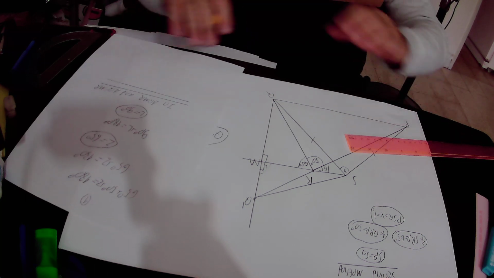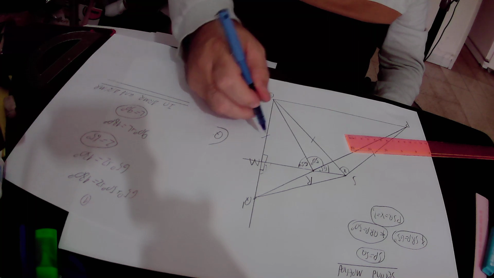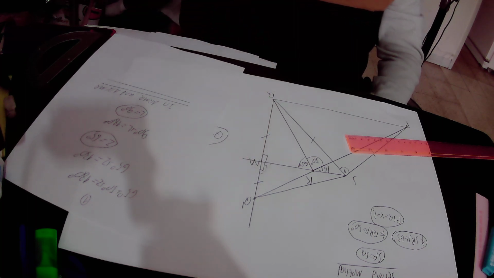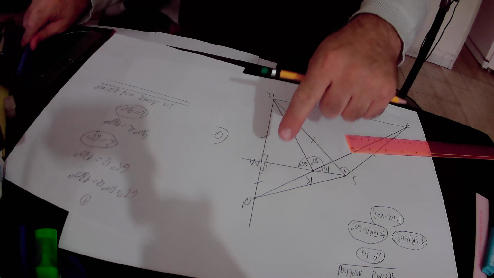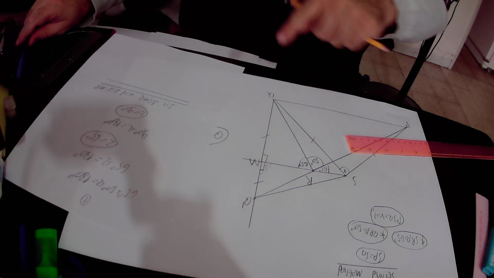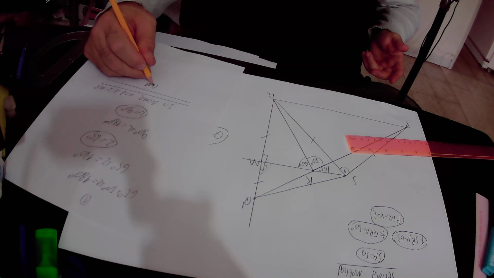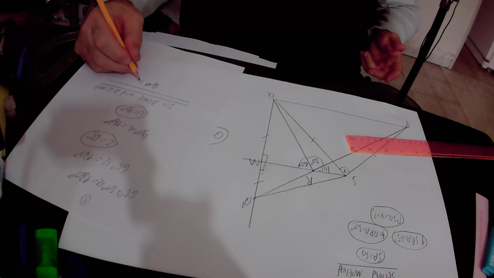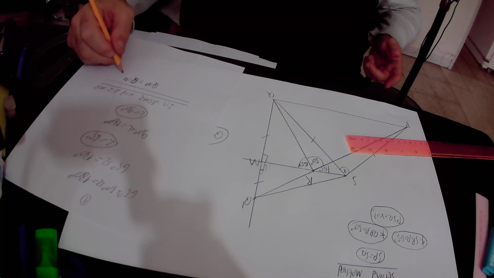First of all, we know that QM equals Q dash M. That is according to our construction. We built Q dash M in such a way that it will be equal to QM. Therefore, QM equals Q dash M according to our construction.